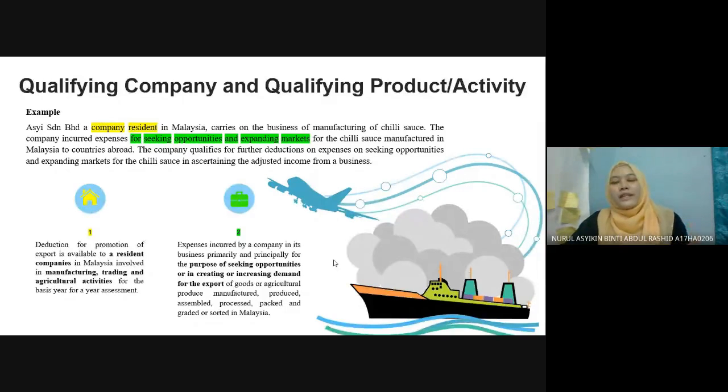So this company qualifies for the further deductions as it fulfills the two requirements: first, the company is resident and is a manufacturing company, and second, all the expenses incurred are for seeking opportunities and expanding market, in ascertaining the adjusted income from a business. Next.